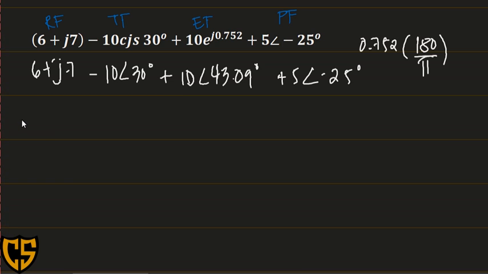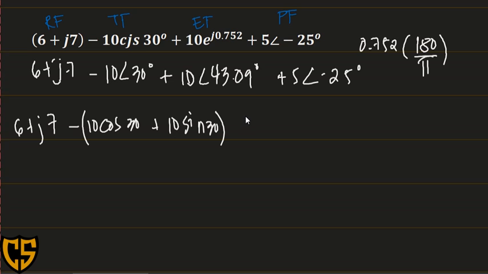So, let's start with 6 plus j7, minus 10 cosine 30 plus 10 sine 30, plus 10 cosine 43.09 plus 10 sine 43.09.